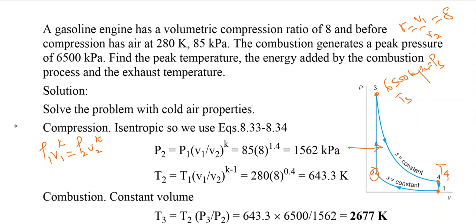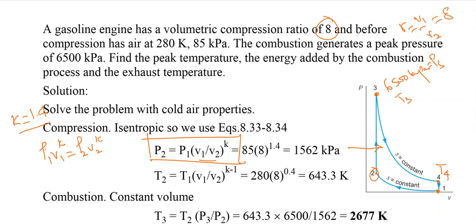For the value of k for air, we take 1.4. That means P2 would be equal to P1 times V1 by V2 raised to power k, where V1 by V2 is the compression ratio, given as 8.